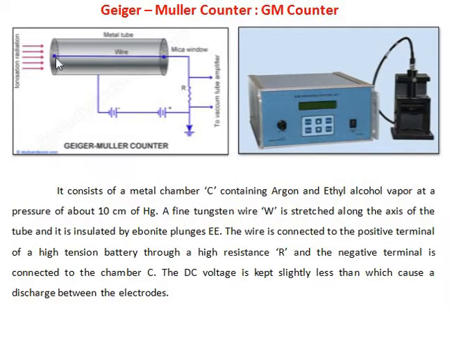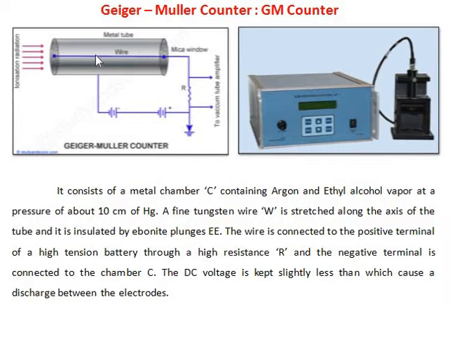Along the axis of the GM tube, we stretch a wire, that is a tungsten wire, and this tungsten wire is insulated at this point and at this point. Insulated means it is not in contact with the cylinder, by using an ebonite plug.